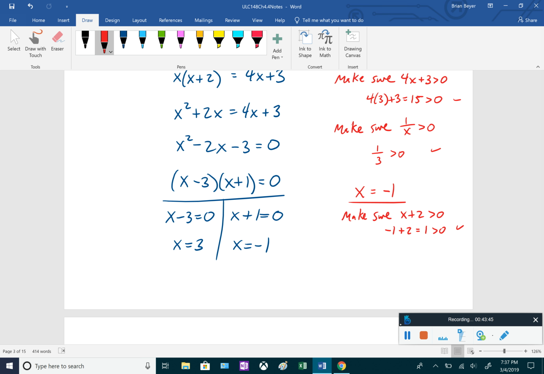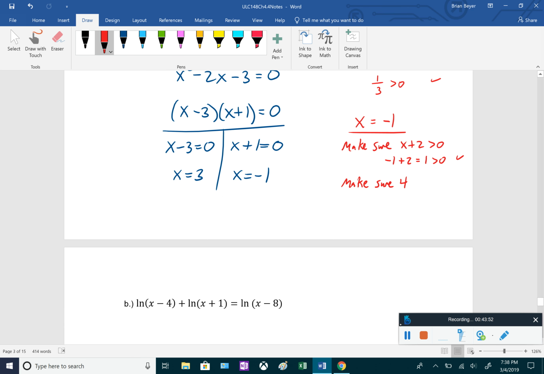For the next one, we're going to make sure that 4x plus 3 is positive, but that's going to be 4 times negative 1 plus 3, which is negative 4 plus 3, which is negative 1. That is not positive, so we have to omit x equals negative 1. So that's not a solution. So we cross it off, and we get x equals 3 as our only solution.